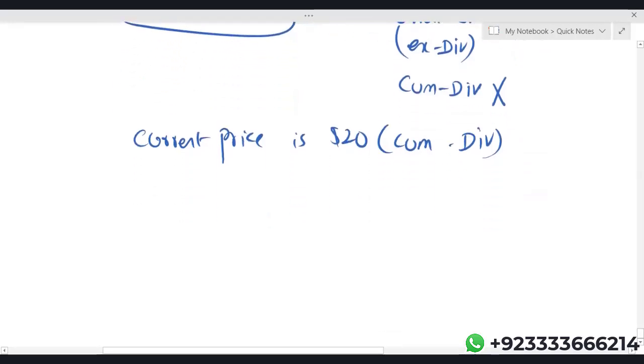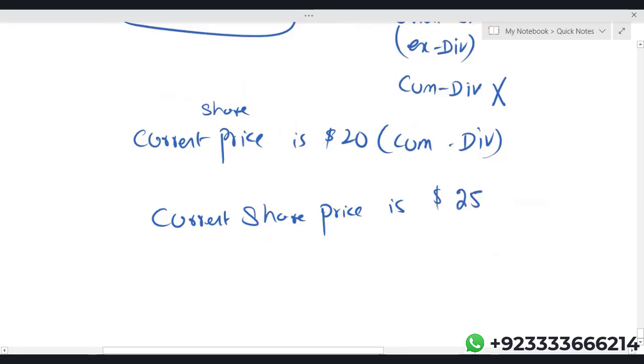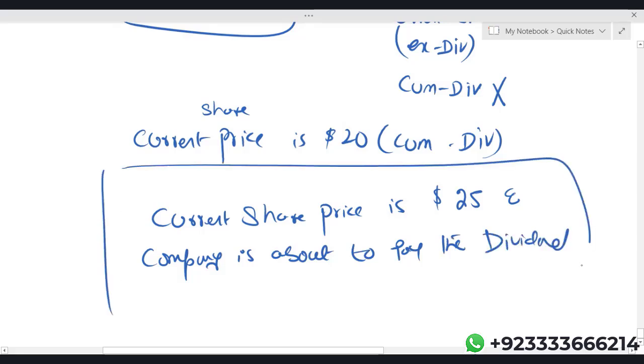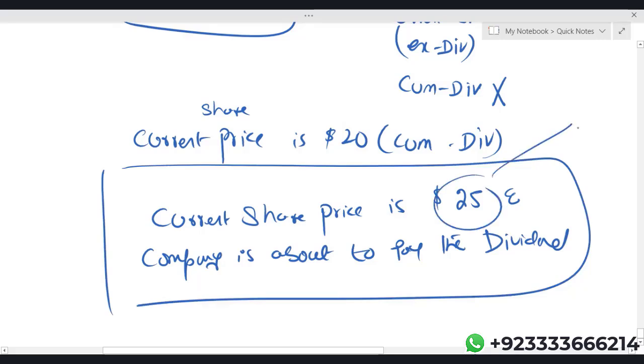Now look at this. Current share price is $20 cum div. Now the examiner says the current share price is $25 and the company is about to pay the dividend. This also means that this 25 is a cum div value.